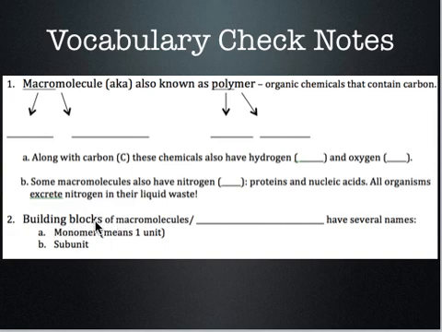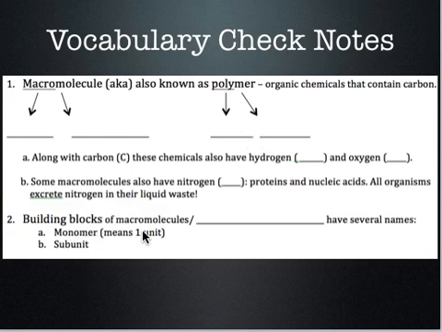Now, number 2, the building blocks of macromolecules, polymers, have several names. Monomer means one unit. So poly means many, mer means unit.